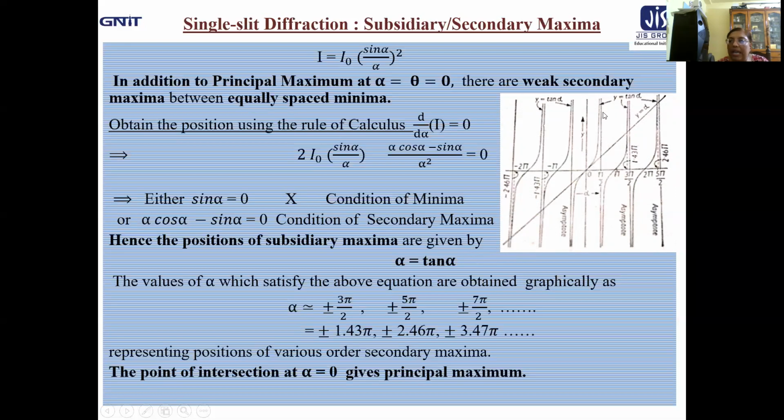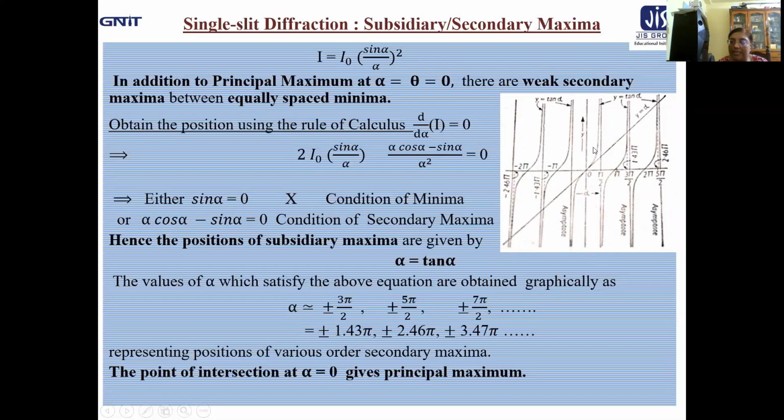But infinity can never be a fixed point. So we have to consider that the curve approaches this infinite line in all cases but never meets it. So this is y equal to alpha and these are the y equal to tan alpha graphs.